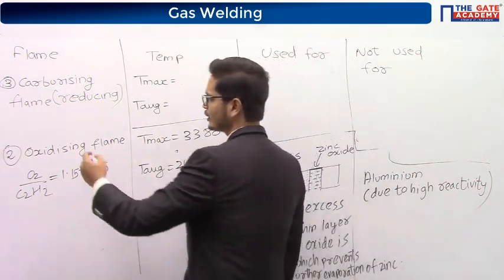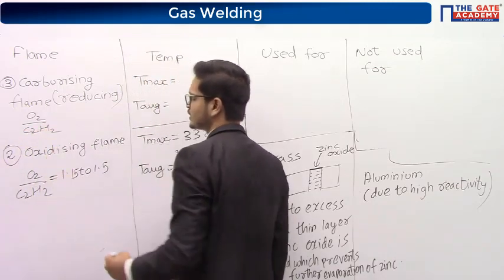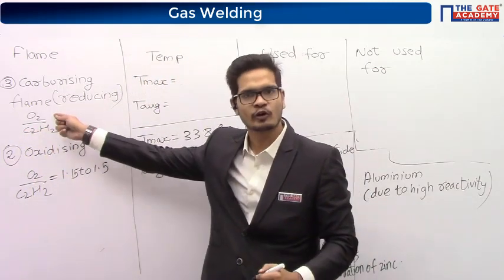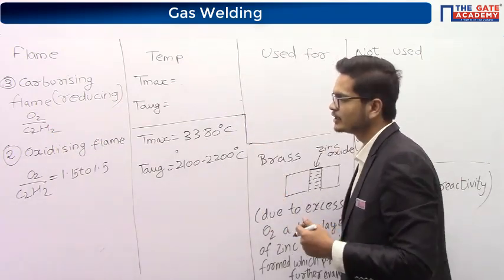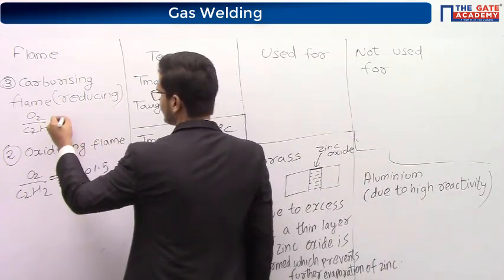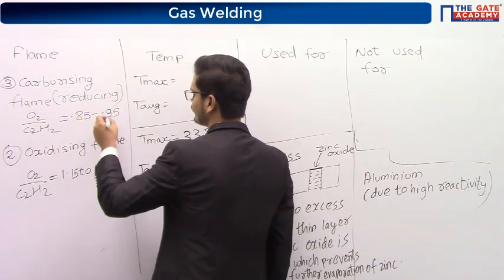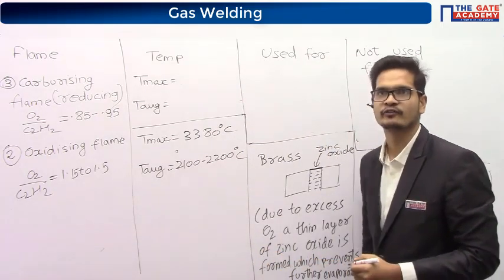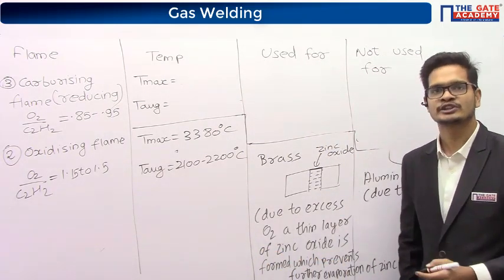And again, the ratio O2 upon C2H2: this time we are taking a lesser amount of oxygen compared to acetylene. Therefore this ratio will be 0.85 to 0.95. This time the maximum temperature will reduce.